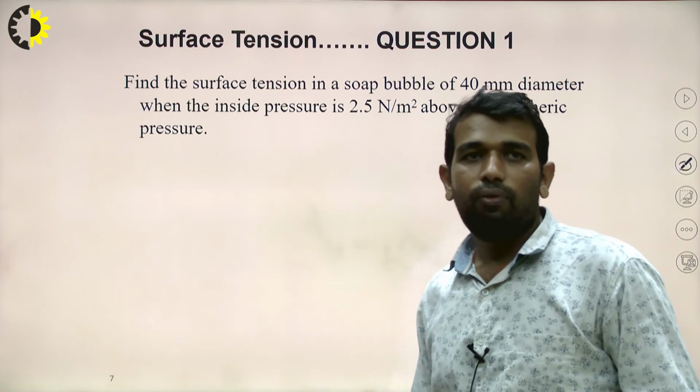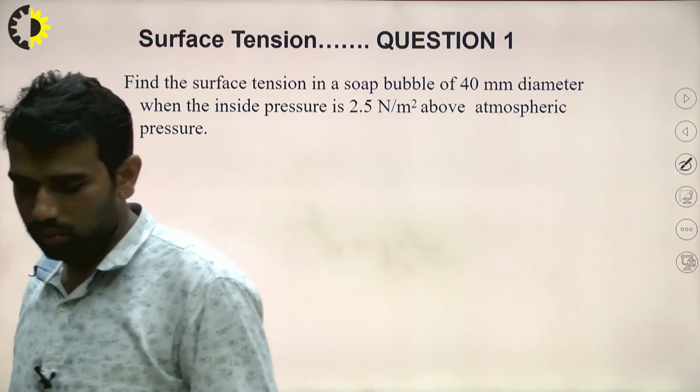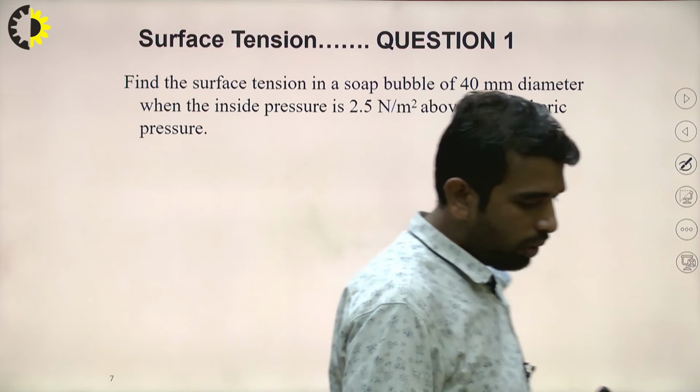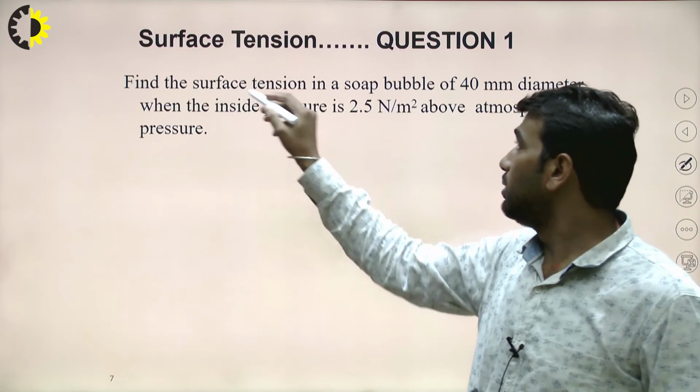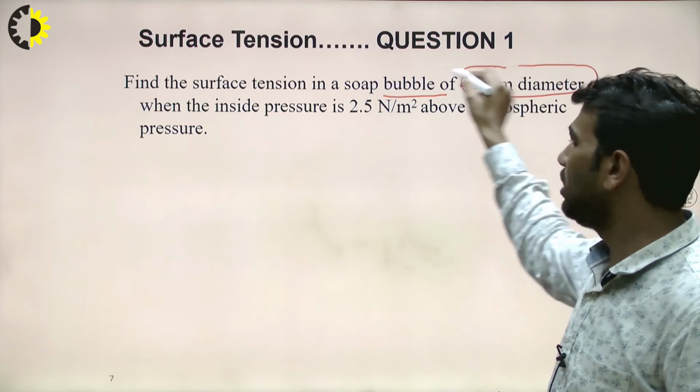It's given: find the surface tension in a soap bubble of 40 mm diameter. So the diameter of the soap bubble is given. It is a bubble and the diameter is given directly, so we can use the equation which I developed.